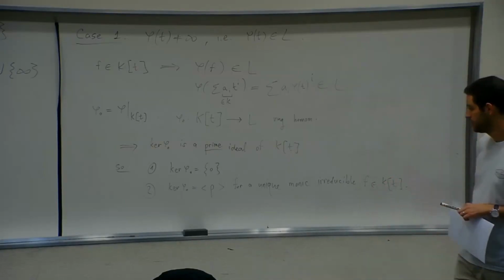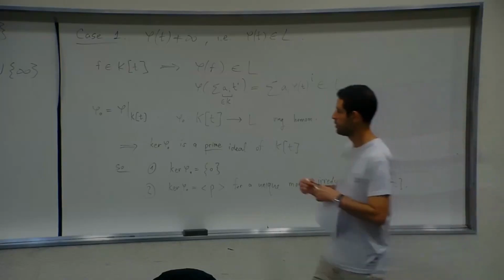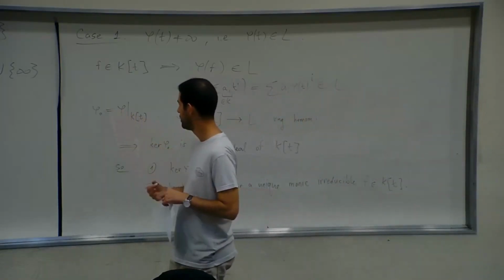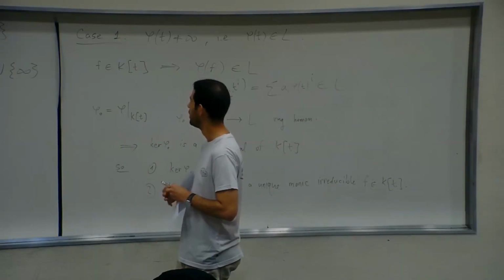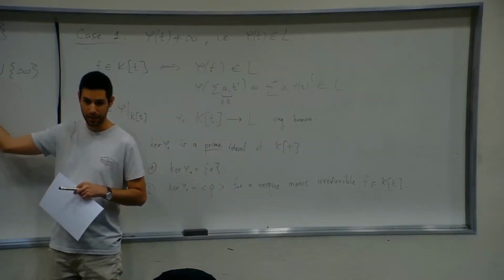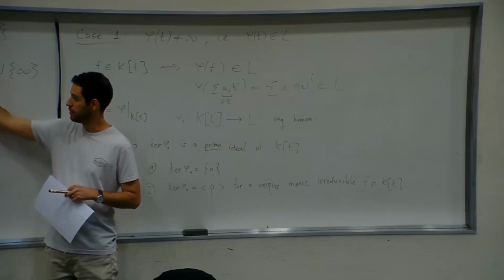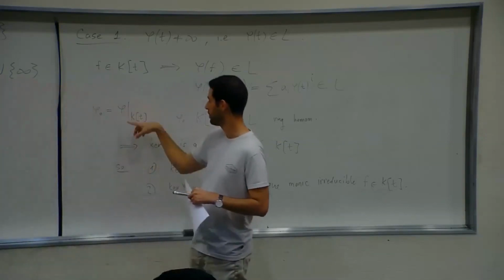Good. So we began with some phi, a place of the rational function field, and now we restrict the domain only to the polynomials.